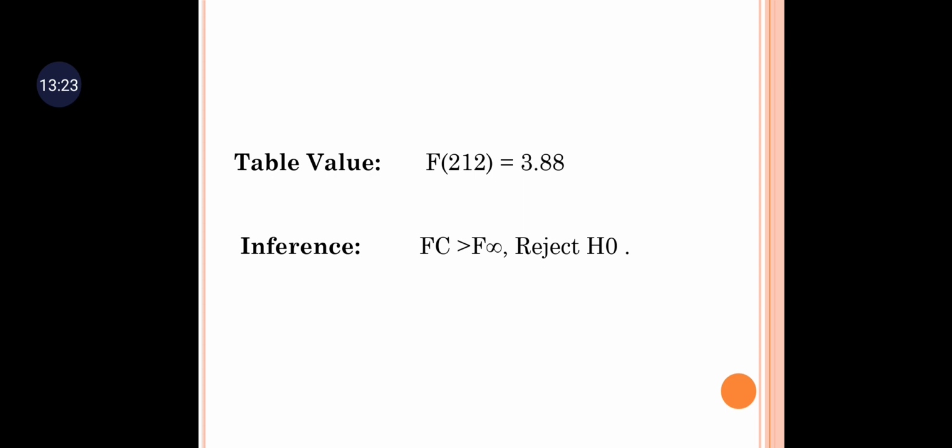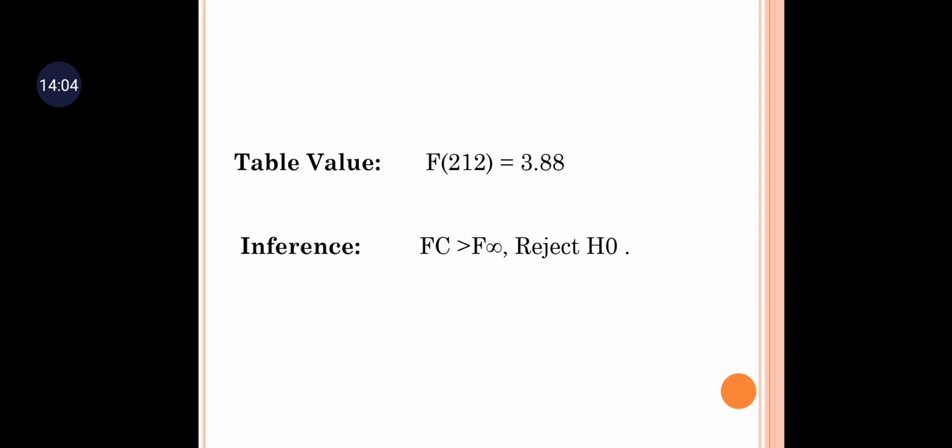The inference is that F calculated, 8.14, is greater than the F table value. So we reject our null hypothesis H0. The 3 varieties of seed differ in the 15 plots of samples.